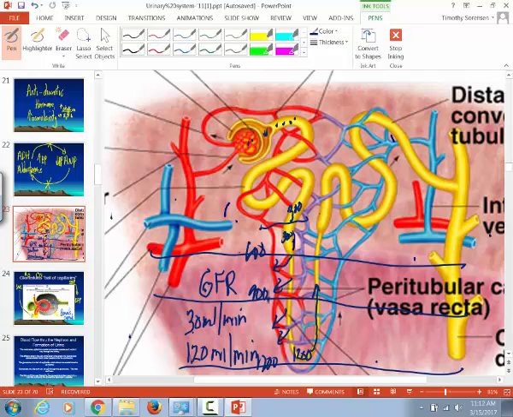The only thing you can reabsorb in the ascending limb is solute, electrolytes. Water is impermeable in the ascending limb. So as you reabsorb electrolytes, sodium, potassium, chloride, back into the blood, what's going to happen to the osmolarity of that filtrate?